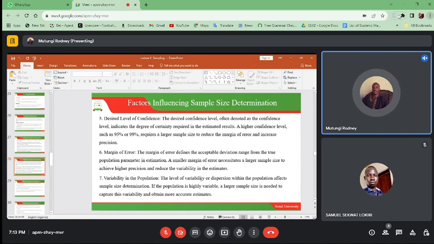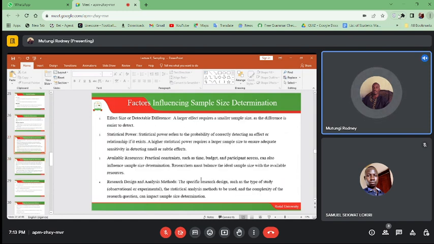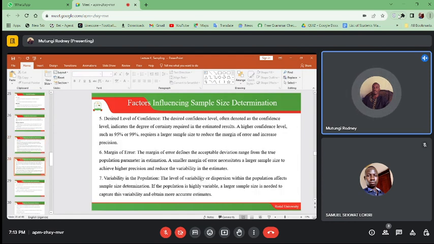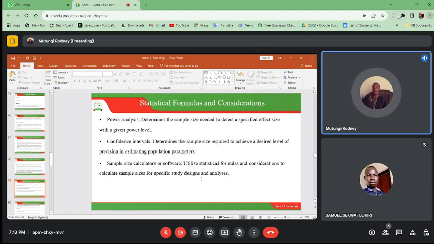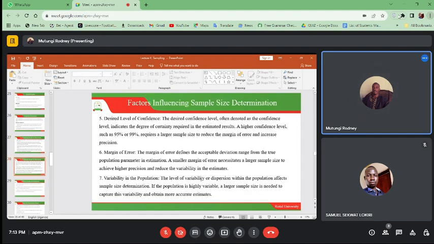So the variability is also a very big factor. So the factors that affect the sample size include the effect size or the detectable difference that you need to look at, statistical power, available resources, research design, the desired confidence level, the margin of error, and variability in the population.